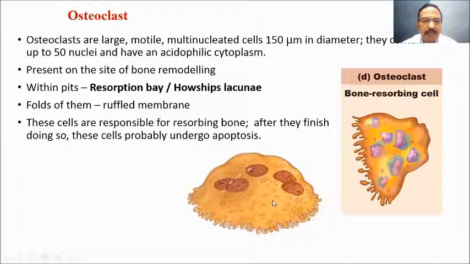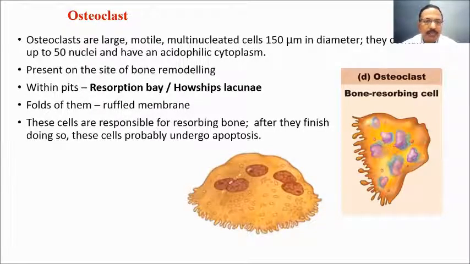That means they are formed by the fusion of many cells, and these cells help in the remodeling of the bone. So they help in resorption of the bone. They will be digesting the mineral part of the bone, later the osteoid part, and that is the way they help in remodeling of the bone.